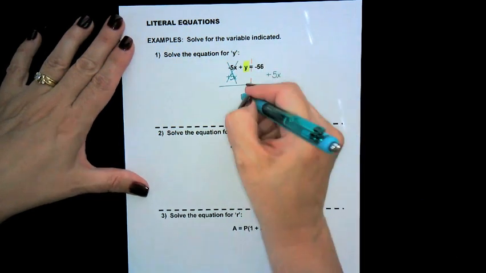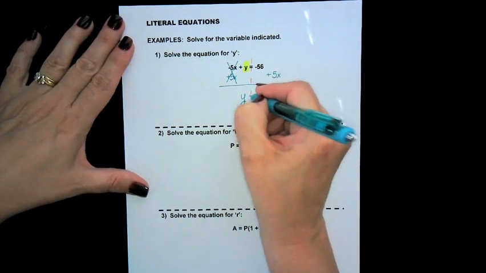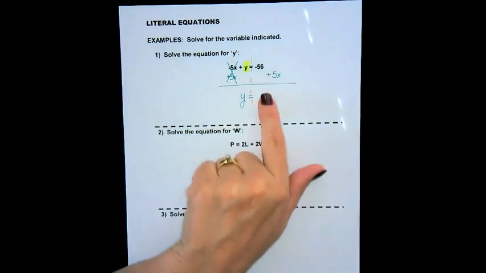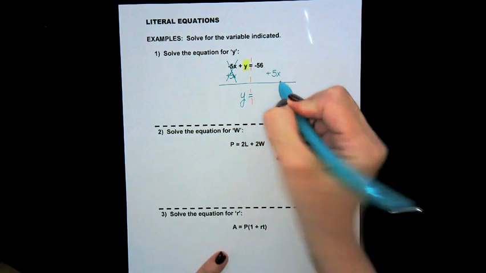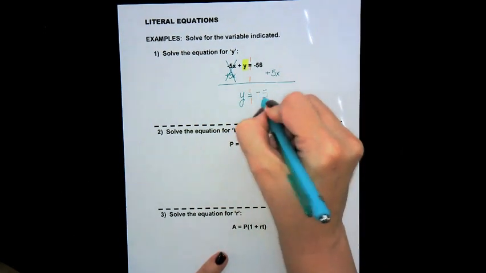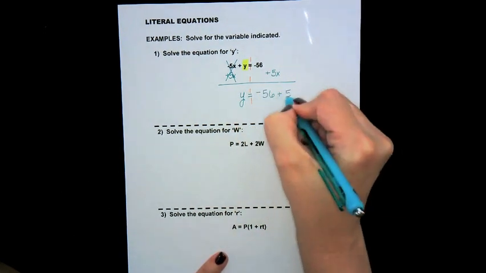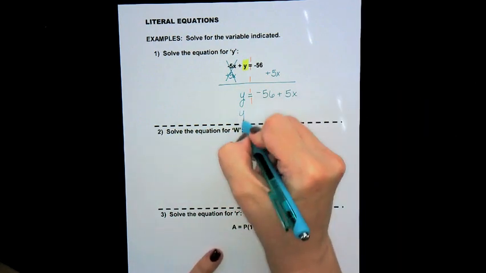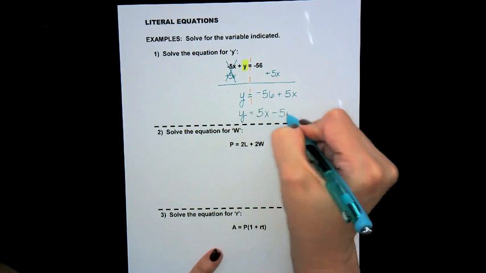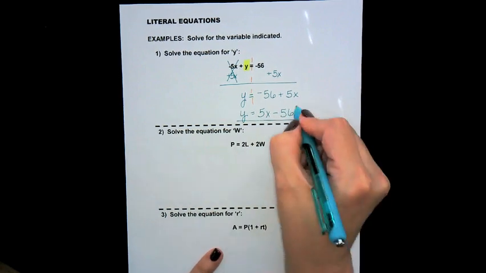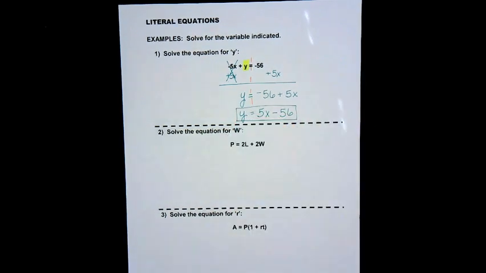And now we have the y. Remember, we wanted him all by himself. On the other side, we can't join them because they don't have the same variable, negative 56 plus 5x. Or if you wanted to write the 5x part first, you could say y equals 5x minus 56. And now that's my answer.